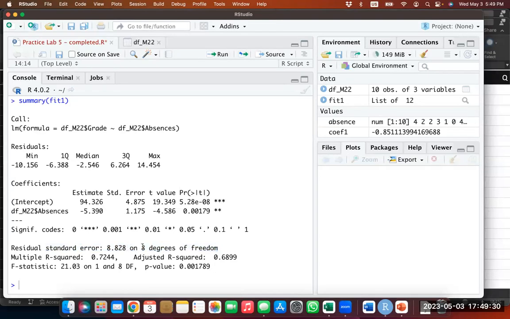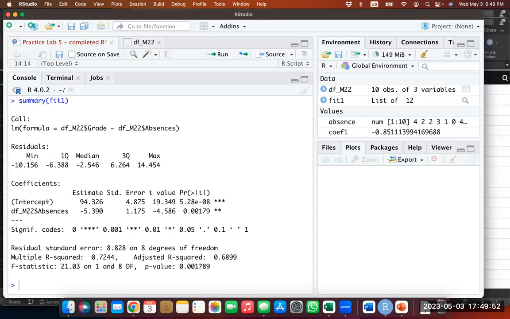And 10 minus 2, because we have 2 sums of squares, one for x and one for y, so we can draw one redundant entry. That means 10 minus 2 determines the number of degrees of freedom in a regression, so we have 8 degrees of freedom.